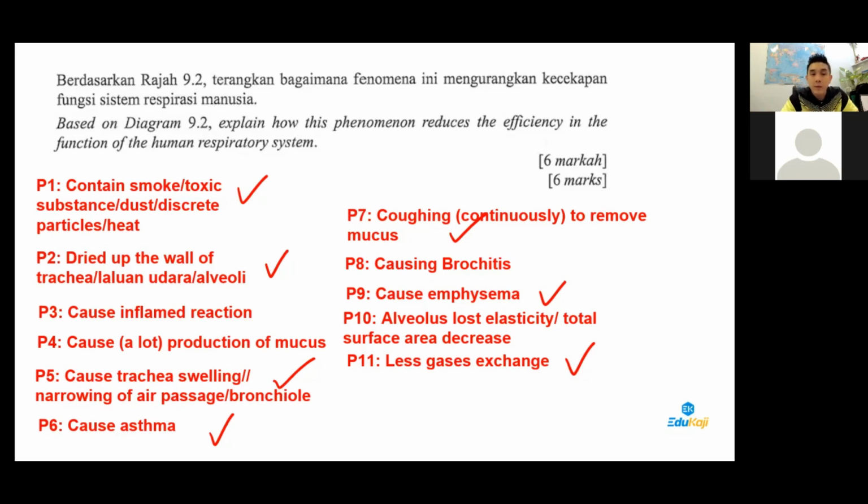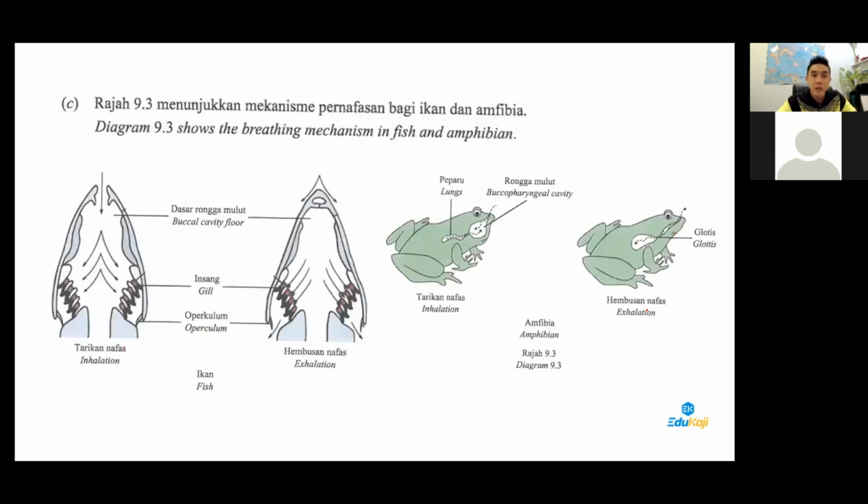Okay, so next, diagram 9.3 shows the breathing mechanism in fish and also amphibian. Guys, you are required to compare the breathing mechanism in fish and amphibian.